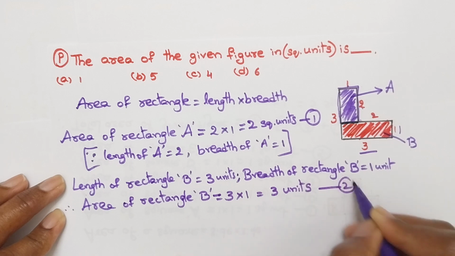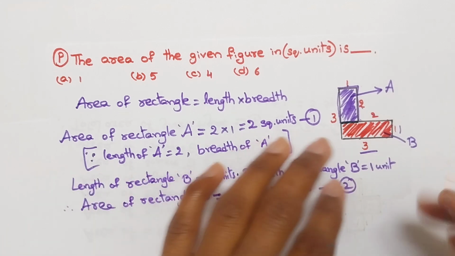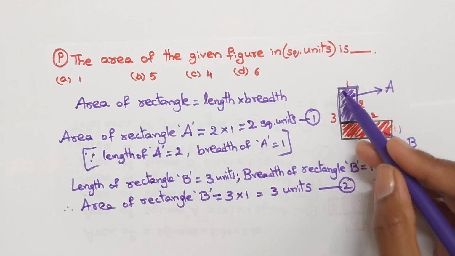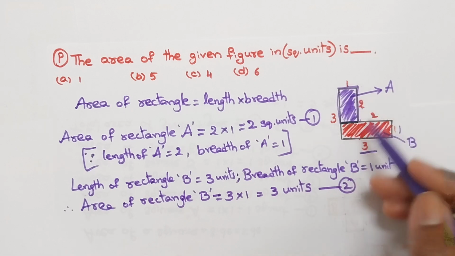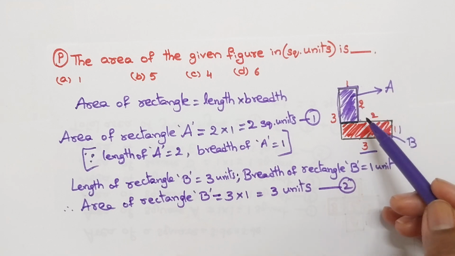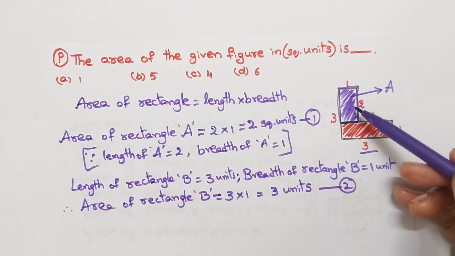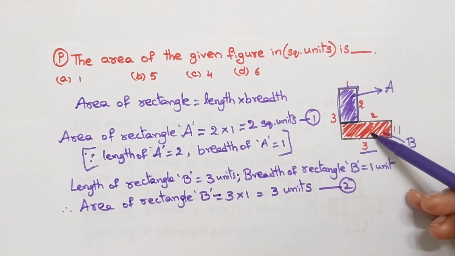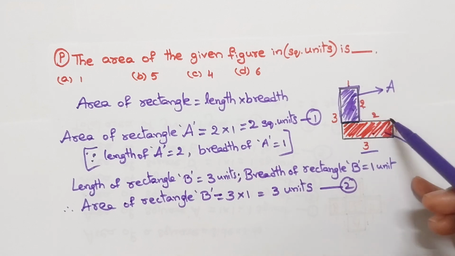This is the second point. So we need to find out the area of this complete figure. To get the complete area of this figure, if we add this area plus this area, we get the total area.